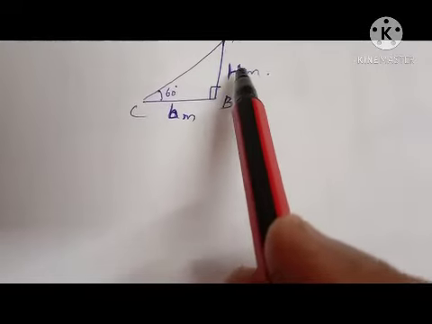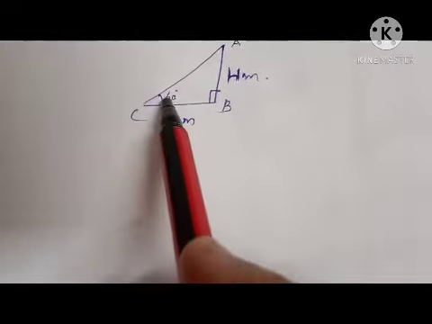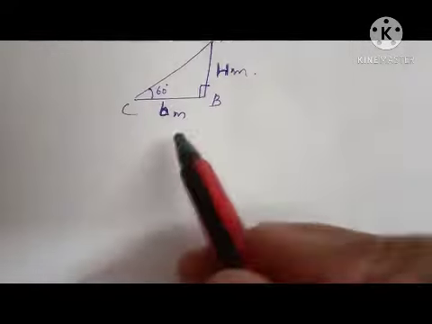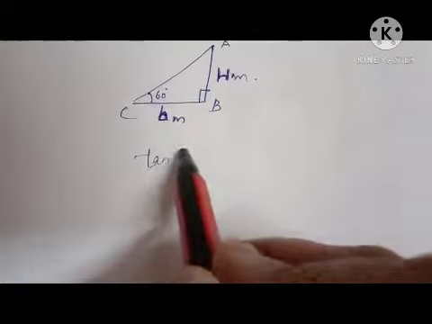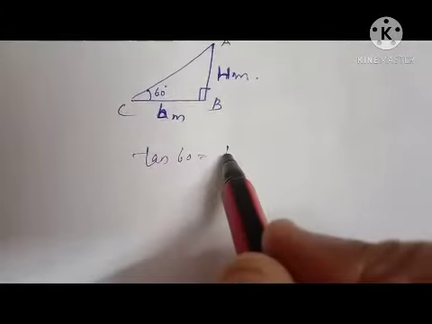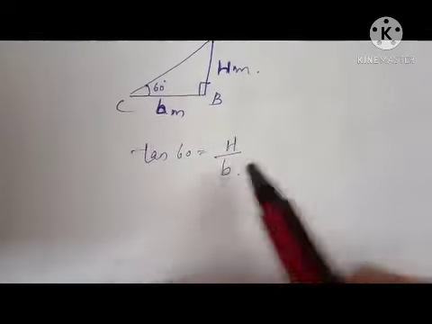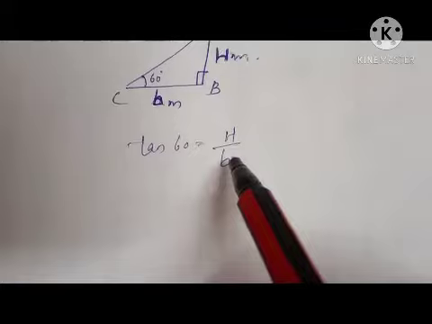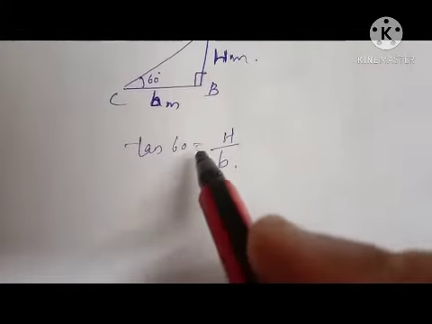So how we will relate these two? About the 60 degree, this is opposite. This is adjacent. So we can take tan 60. Tan 60 means opposite by adjacent, that is H meter by b meter, so we get H by b. What is the value of tan 60?